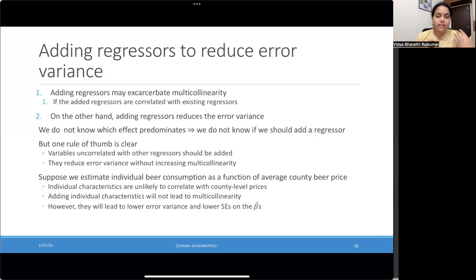All of those could explain their individual alcohol behavior, and those individual attributes are going to be unrelated to the average price of alcohol in that county. So we don't have a multicollinearity issue, and just by adding more regressors, our explanatory variation is going to get better. That's a good enough way of figuring out how to get more regressors into the model.